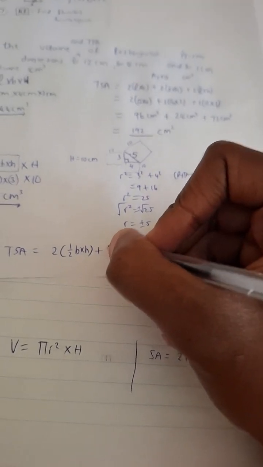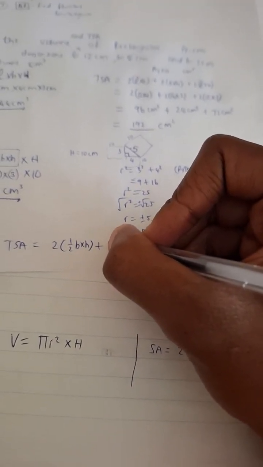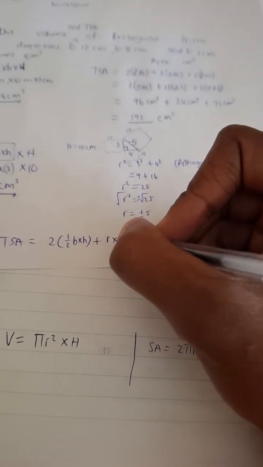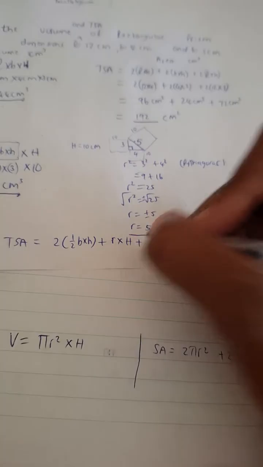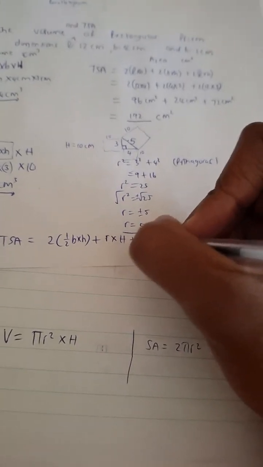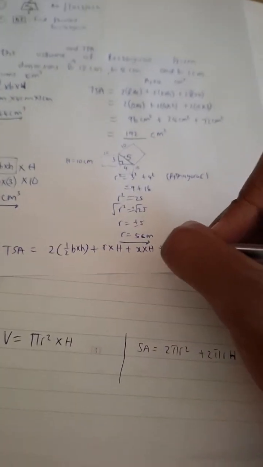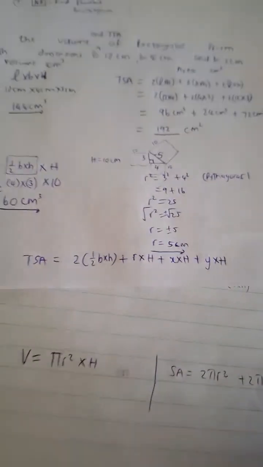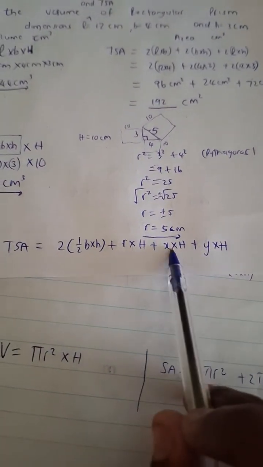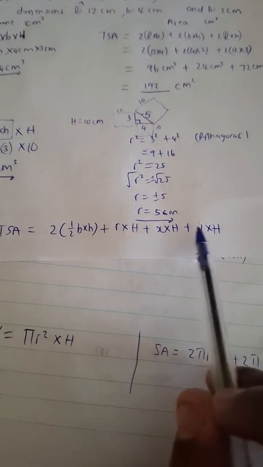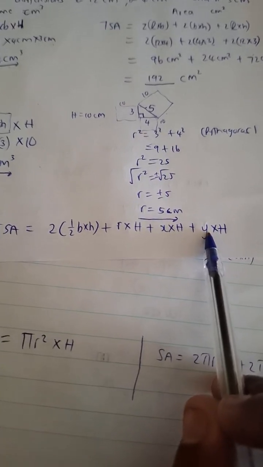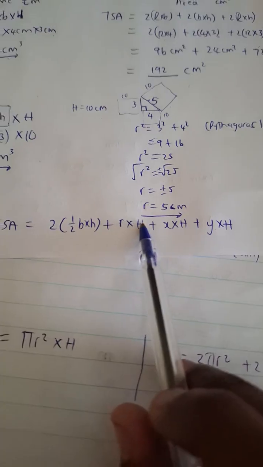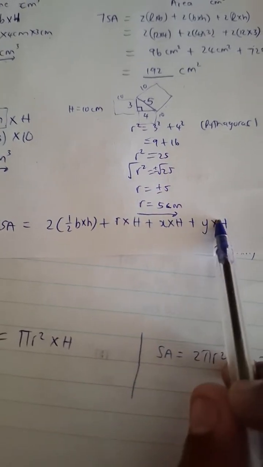I'm just going to use different variables here: r times h plus x times h plus y times h, just to denote that these are 3 different sides of the triangle multiplied by the long height of the 3-dimensional shape.